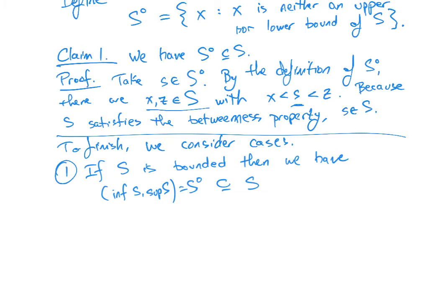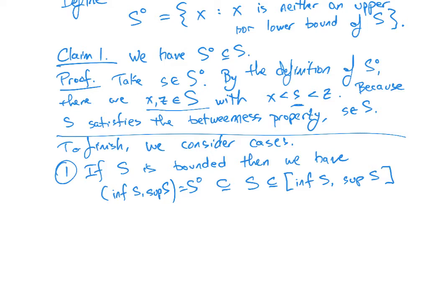Now S is bounded. The absolute largest set that S could be would be the closed interval from its infimum to its supremum. That's because no set contains anything smaller than its infimum or larger than its supremum.